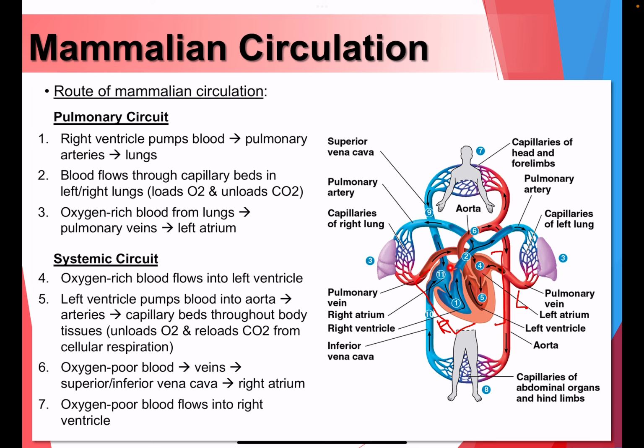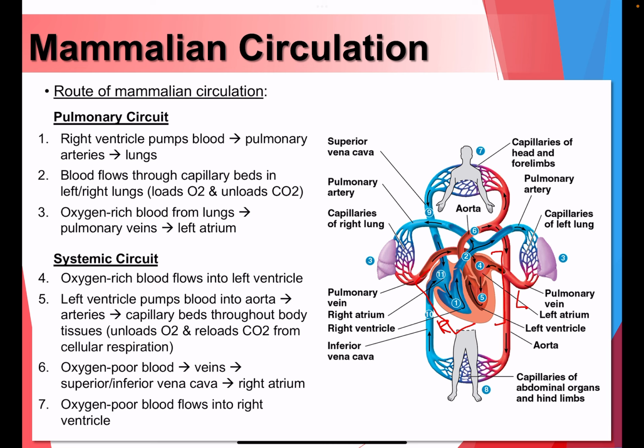Both of them will drain blood into the right atrium. And then from there, oxygen-poor blood will flow into the right ventricle, and we're back at step one of the pulmonary circuit all over again. So for the systemic circuit, you begin with the left ventricle and you end with the right atrium.